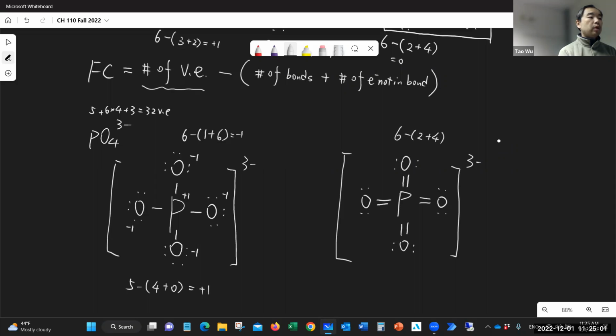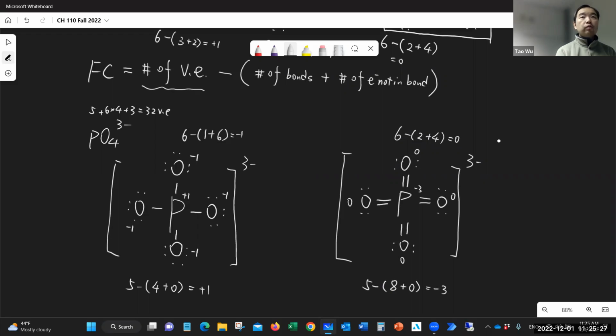So 6 subtract 6 is 0. So all the oxygens are 0, but obviously phosphorus is not 0, right? Phosphorus is 5, subtract 8 bonds, plus no dots, and this is -3.